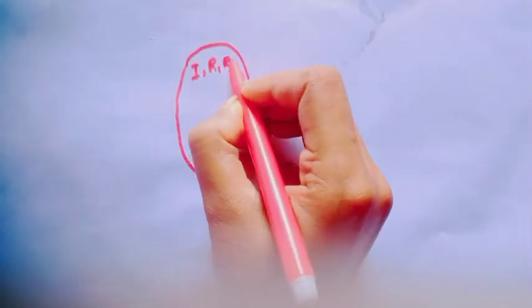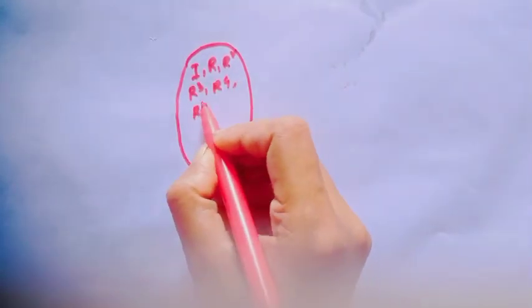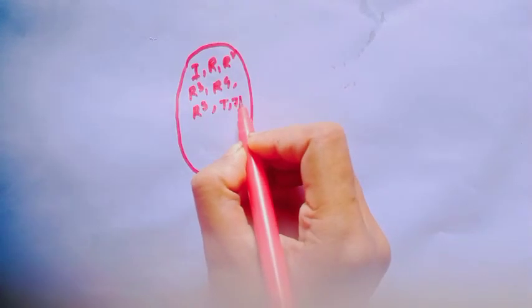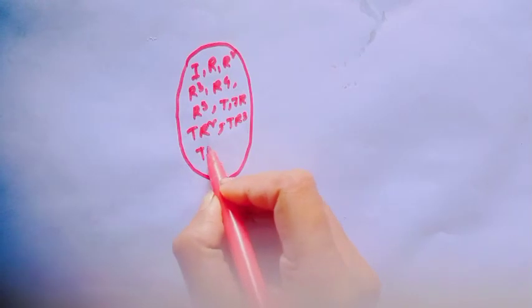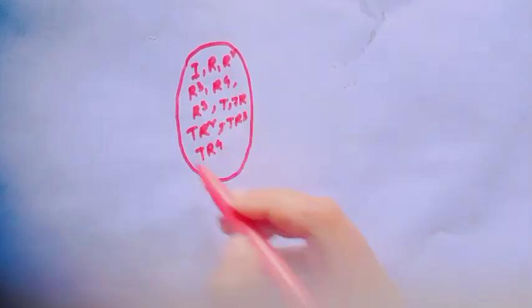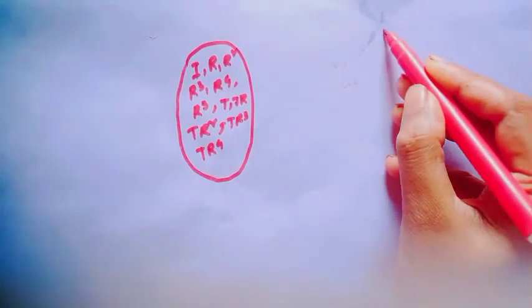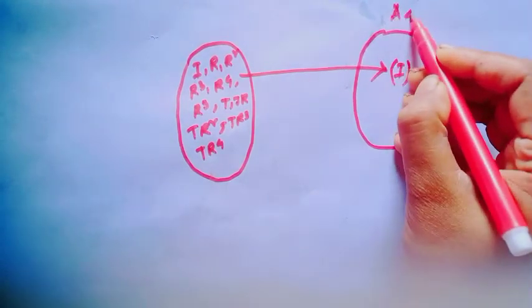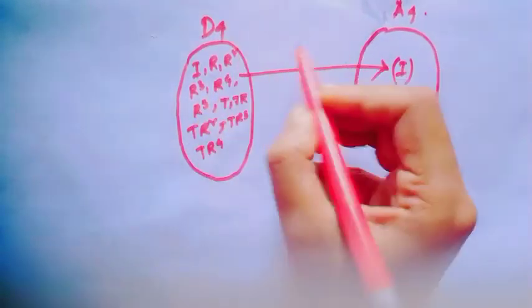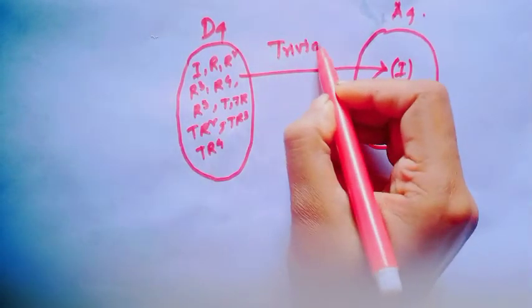And this mapping looks like all rotations identity, r, r square, r cube, r to the power 4, r to the power 5, and all reflections t, tr, tr square, tr cube, tr to the power 4, both are elements of the kernel and all map to identity in the group A4. Are you getting? And this is the trivial homomorphism.